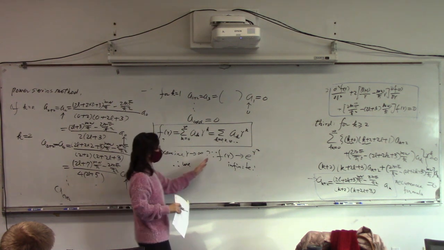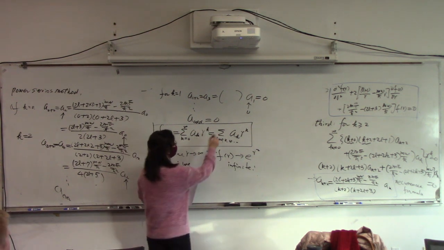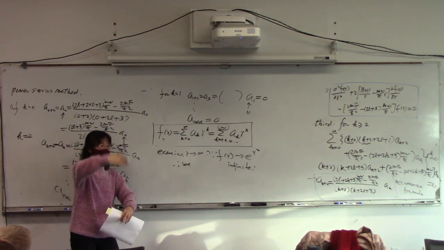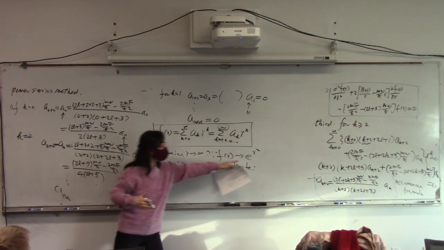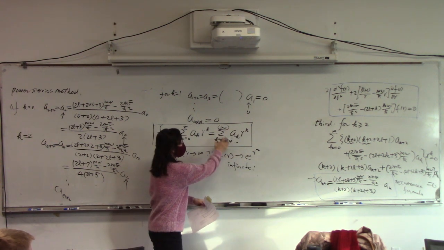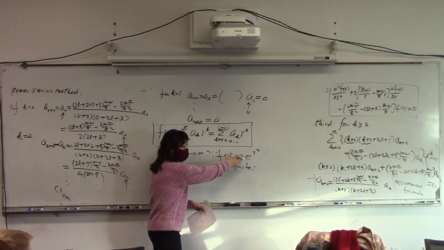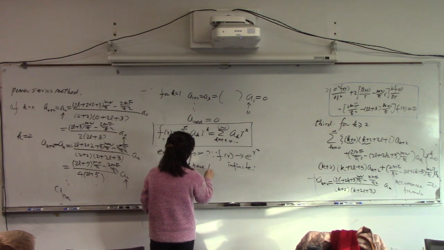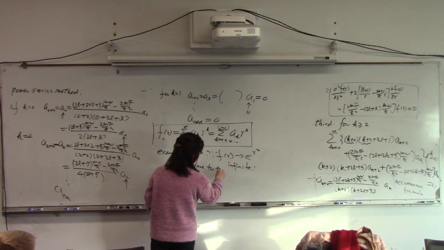So we have to truncate. We cannot make this, because the question is here: if finite, it will not behave like this. This is an infinite power series, then we know that it goes to this exponential function. So we have to truncate.